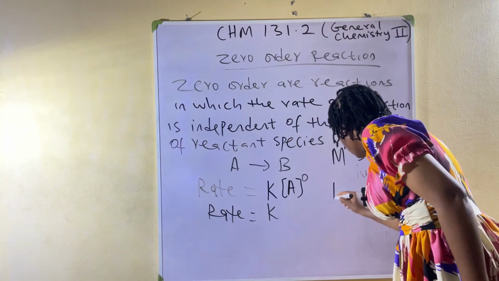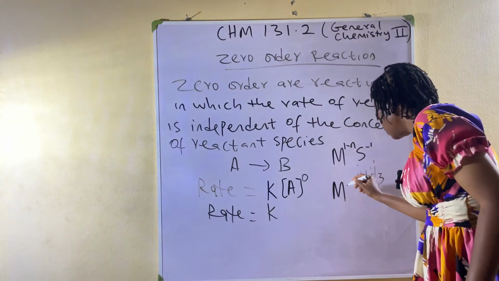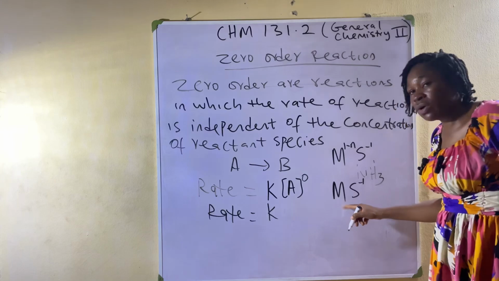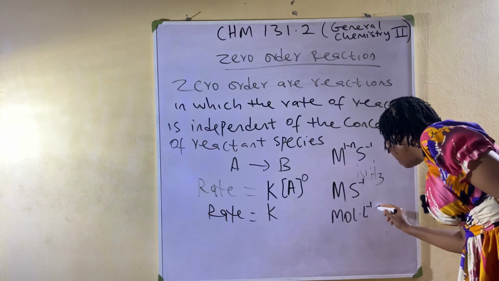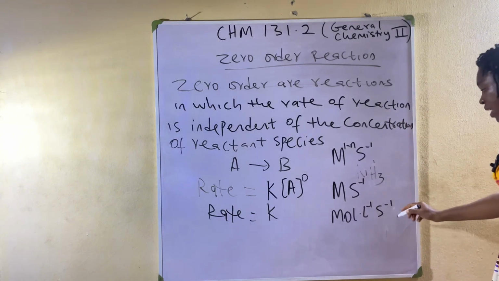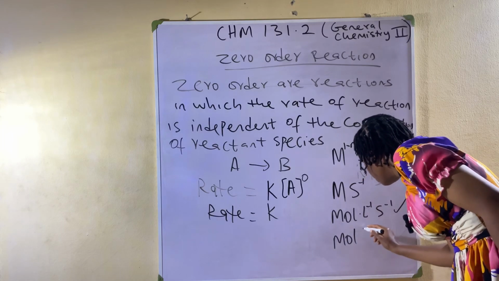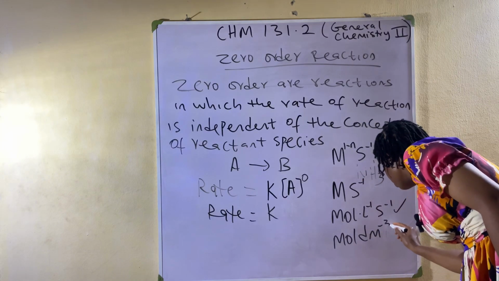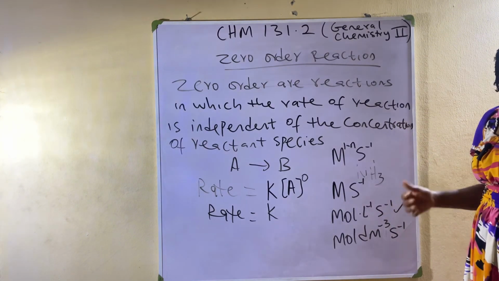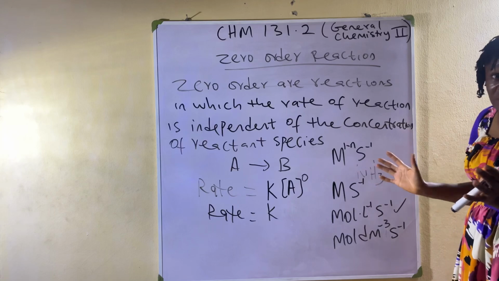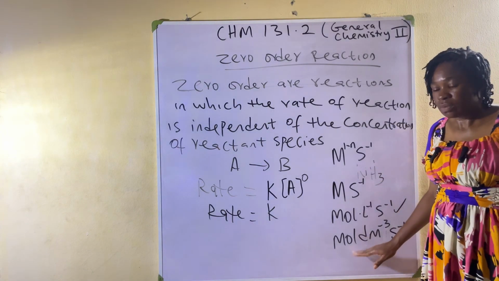So the unit of the zero order rate constant is mole per liter per second, or mole per dm cube per second. Your time can be in seconds, days, or years, depending on what you are given. So this is the unit of a zero order reaction.